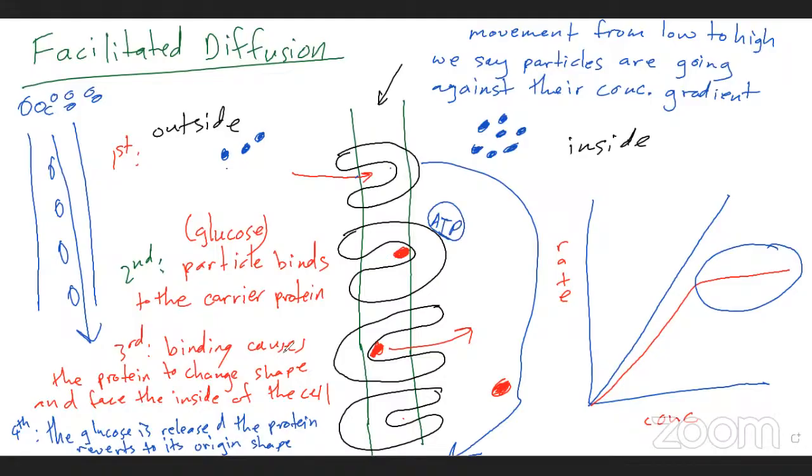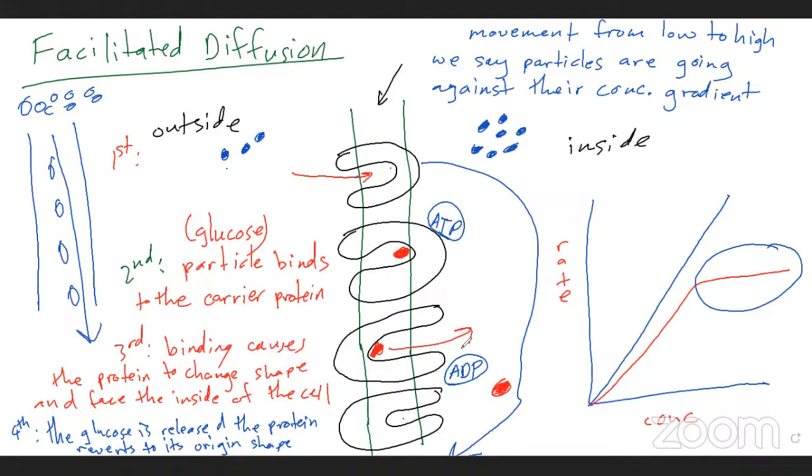And once it is released, your ATP will be converted to ADP. So when you're using ATP for energy, ATP is converted to ADP. You go from triphosphate to diphosphate. So that is our energy.